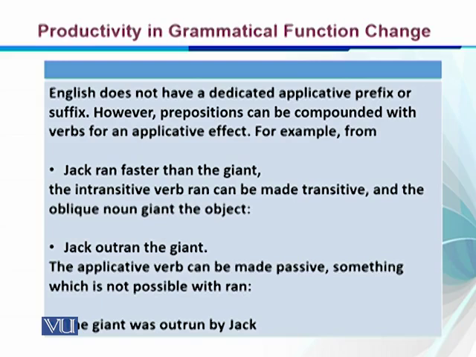So in this sentence you can see that the giant has become this applicative object, oblique object, and this structure is an applicative structure. The applicative verb can be made passive, something which is not possible with ran. The giant was outrun by Jack. So this is a grammatical function changing of the verb with the help of these structures.